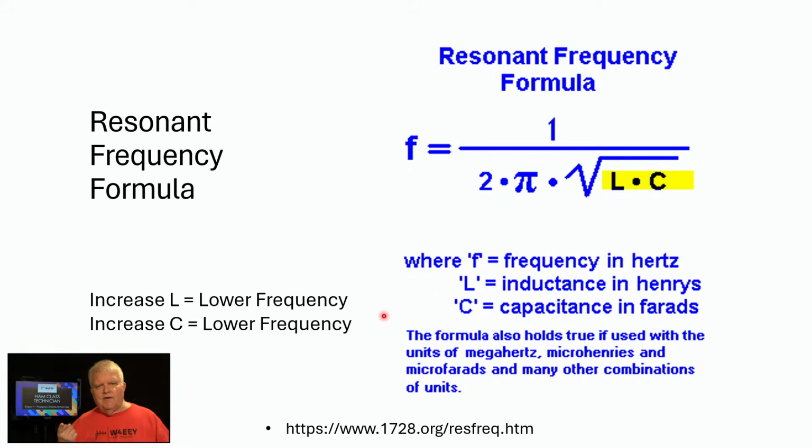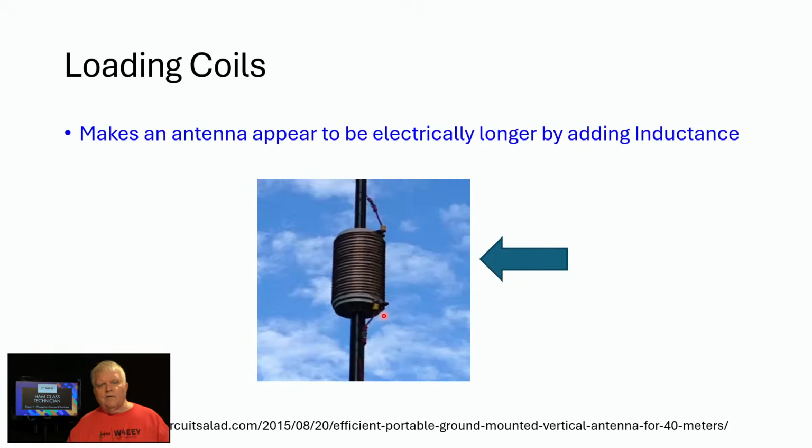If we increase inductance, if we increase capacitance, the resonant frequency of that antenna is going to go down, which is how we have antennas on cars for the HF bands. Because a vertical antenna quarter wave for 80 meters would be 20 meters high. That's not going to work.